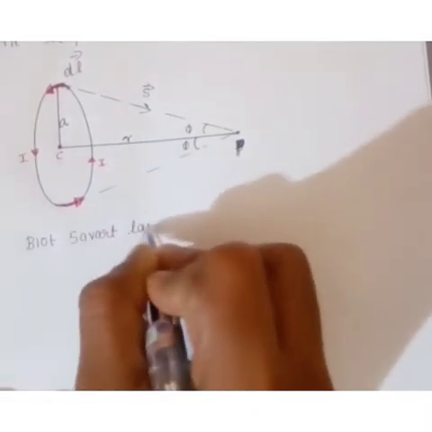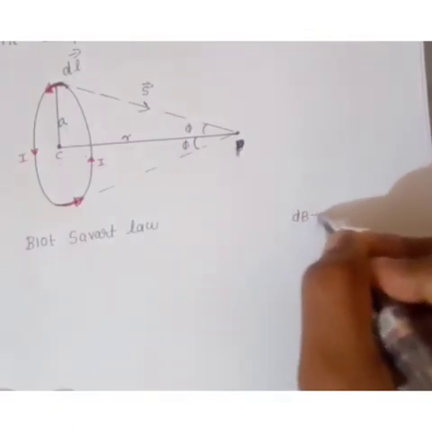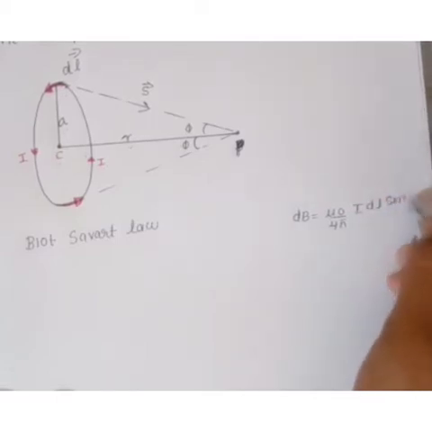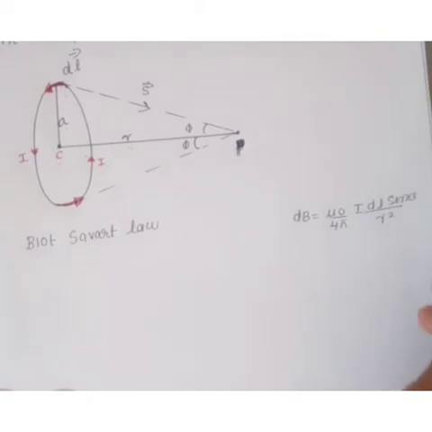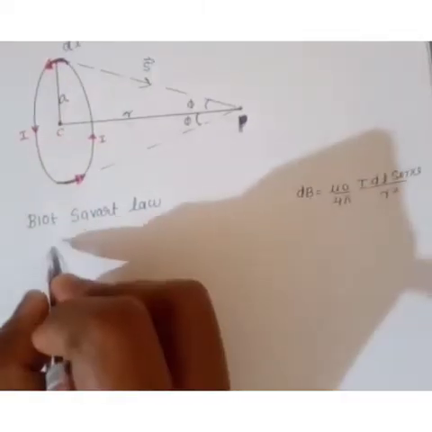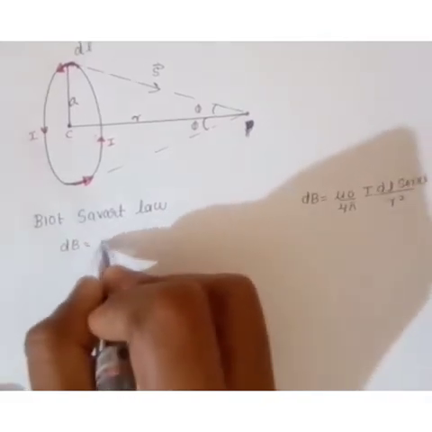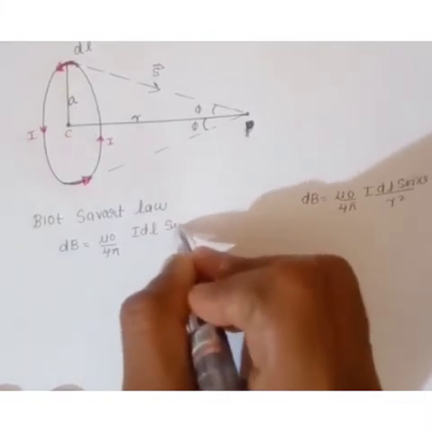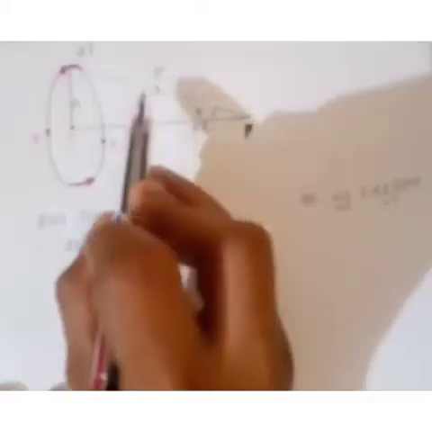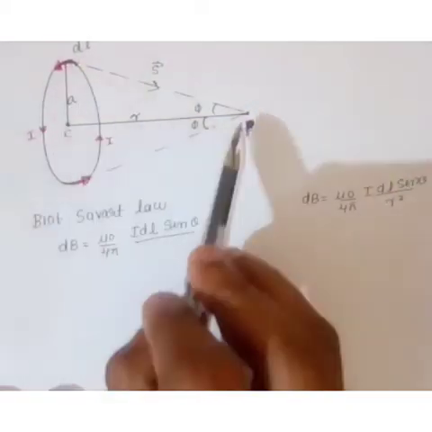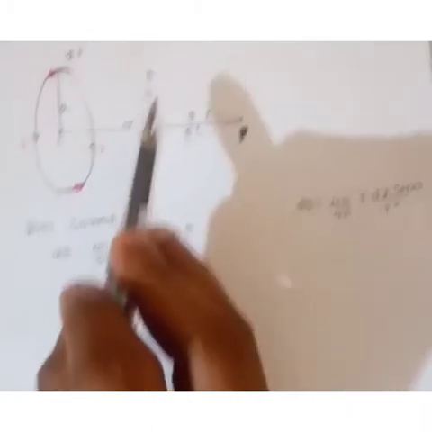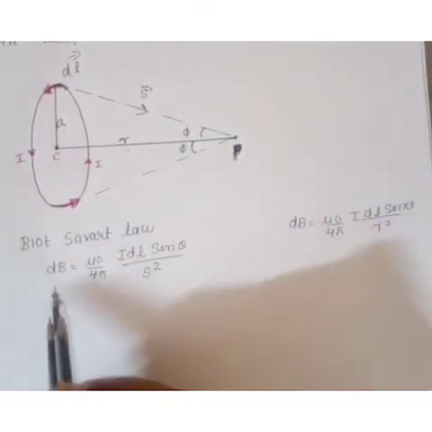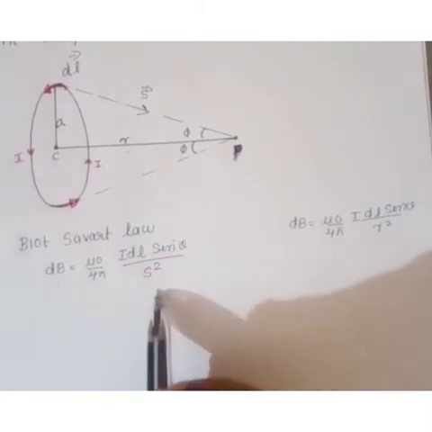What's the Biot-Savart law? dB is equal to mu 0 by 4 pi, I dl, that is the current element, sin theta, divided by the square of the position vector. Here the position vector is s, so it is s square. So dB is equal to mu 0 by 4 pi I dl sin theta by s square.